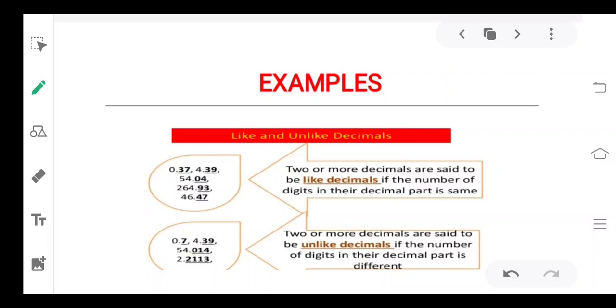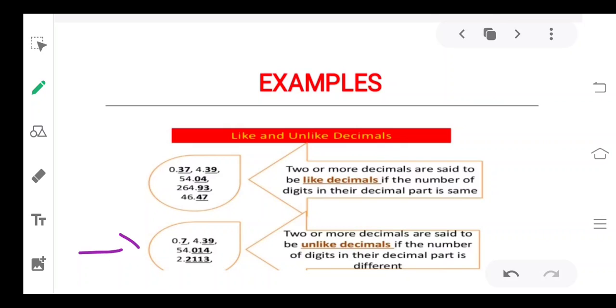For more understanding, examples are also given. You can see that 0.37, 4.39, 5.04, 264.93 and 46.47. Two or more decimals are said to be like decimals if the number of digits in their decimal parts is the same.